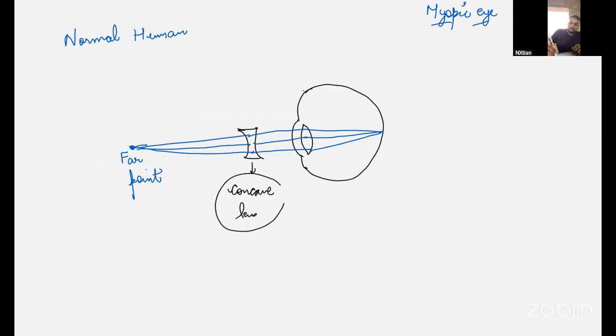Because the concave lens is diverging the rays, the image which is in front of the retina becomes shifted towards the retina. Did you understand, Agatha? David, Christina, Betya, everyone got it? Divergence is needed because the concave lens diverges the image which is in front of the retina onto the retina, and we can see a crystal clear image.